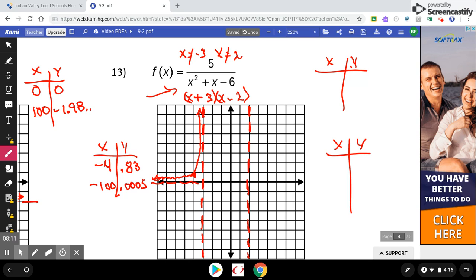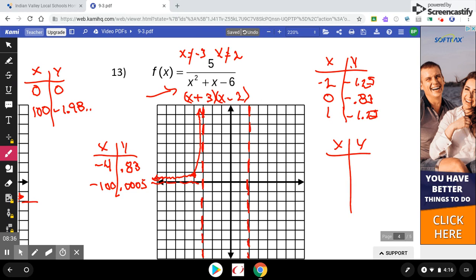All right, center section. I'm going to plug in negative 2, I'm going to plug in 0, and I'm going to plug in 1. And the reason for that is you just never know what that middle portion of the graph is going to do. This one ends up being negative 1.25. This one ends up being negative 0.83. And this one is also negative 1.25. So here's why it's important to do multiple coordinates.